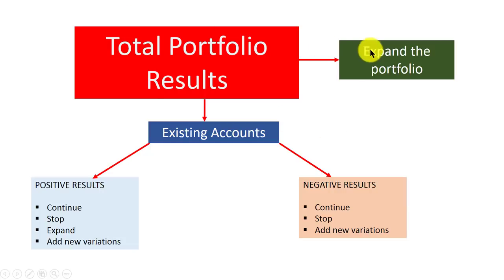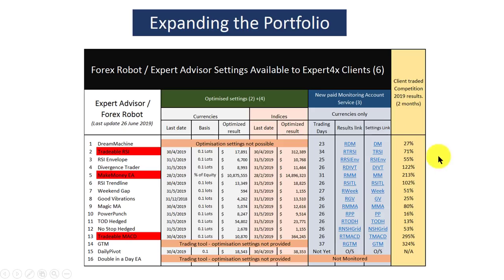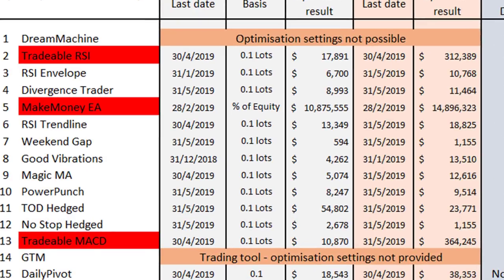And then the other one is to look at expanding the portfolio into other areas. One of the areas that we are going to be looking at is, and I think you have seen this table before, I've shown it in many videos, a table of all our EAs and what is available in terms of settings.